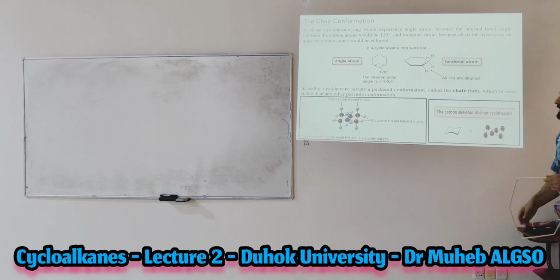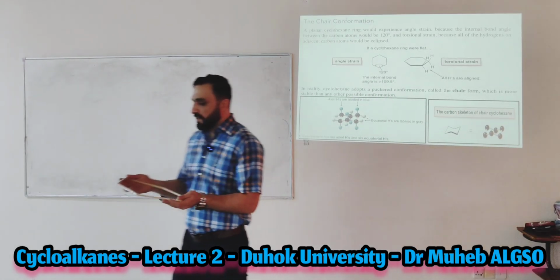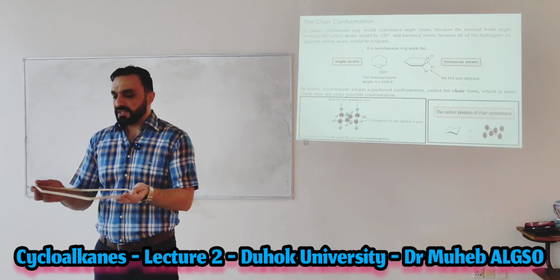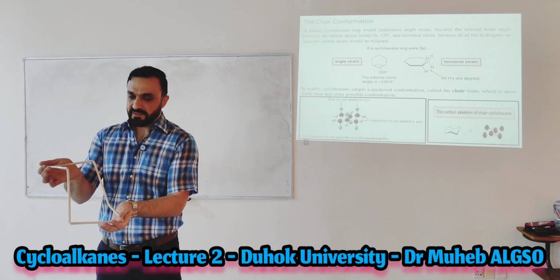So the cyclohexane adopts a puckered conformation. It will go to the more stable conformation, not the planar one. It will go to the chair form like that.